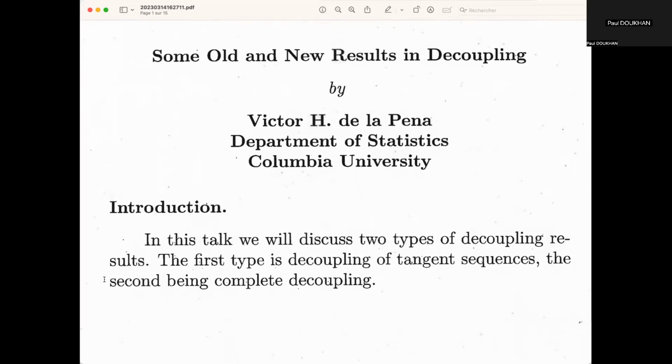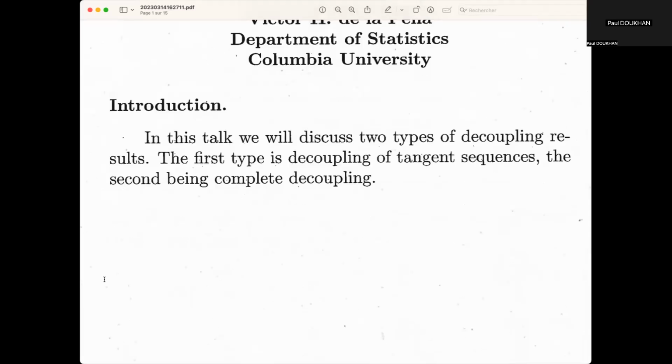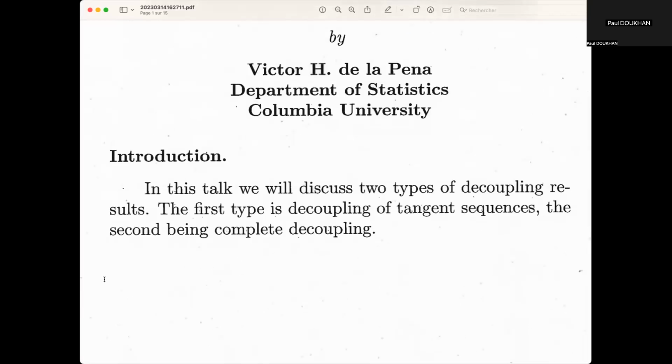I will introduce you to two decoupling approaches. The idea of decoupling is to replace dependent variables by independent ones, through inequalities or limit theorems, like our friend Adam Jakubowski has done.